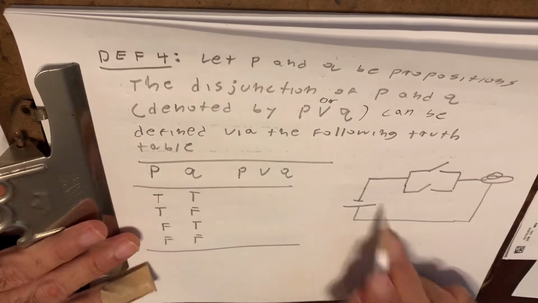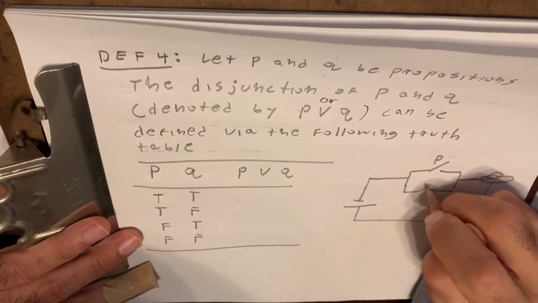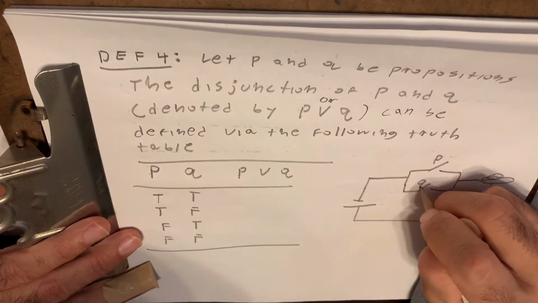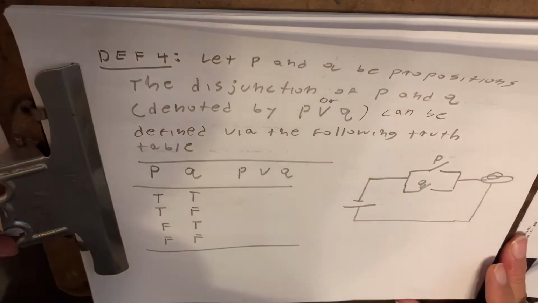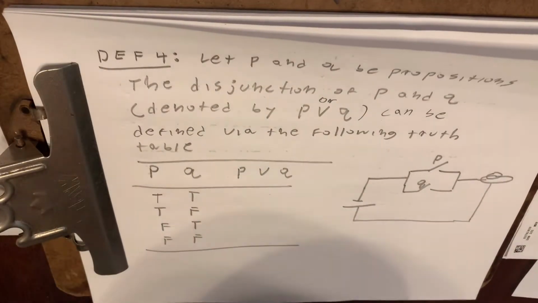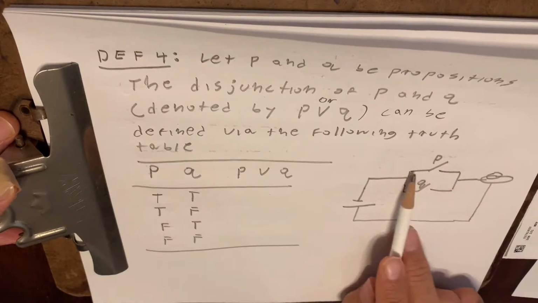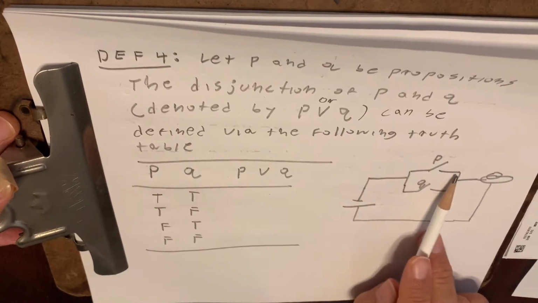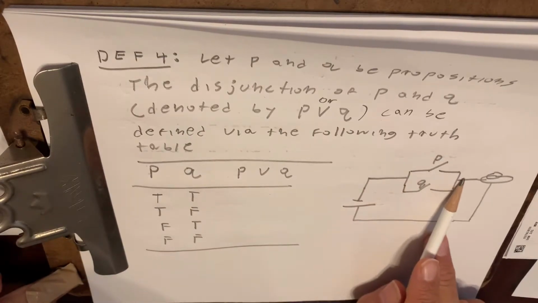And this is our battery, and I'll call this P, and I'll call this Q. And I would like to invite you to notice that if P is in the closed position, which is the on position, which is the true position, the electrons will flow.